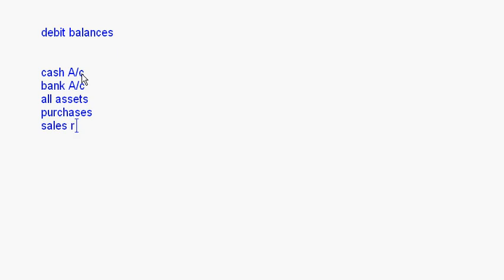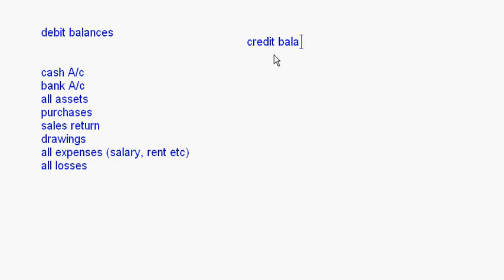Sales return will have a debit balance. Drawings will have a debit balance. And all expenses, like salary, rent, all these things, they will have a debit balance, and all losses will also have a debit balance.